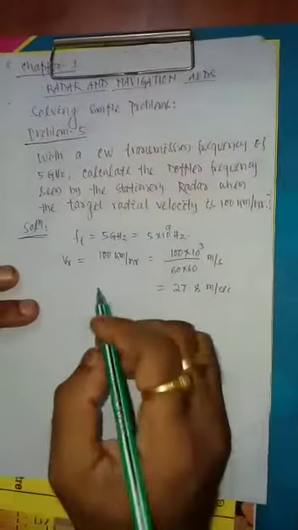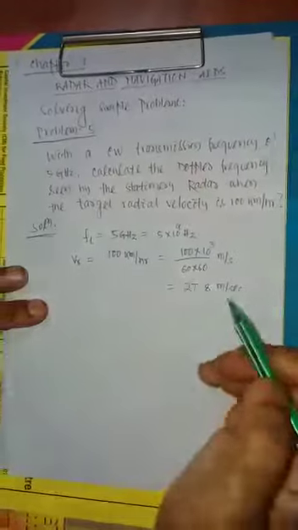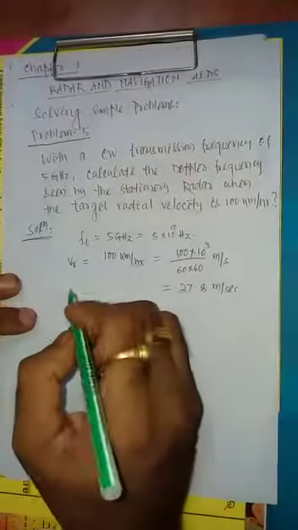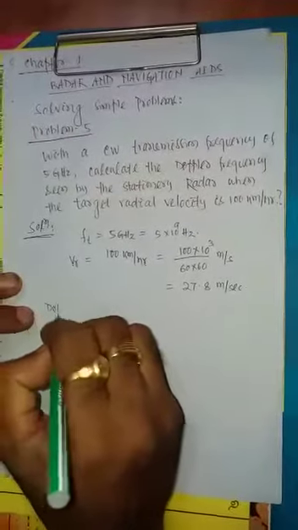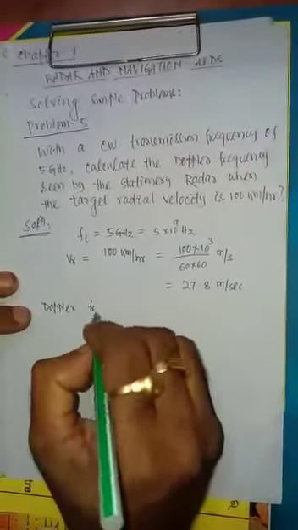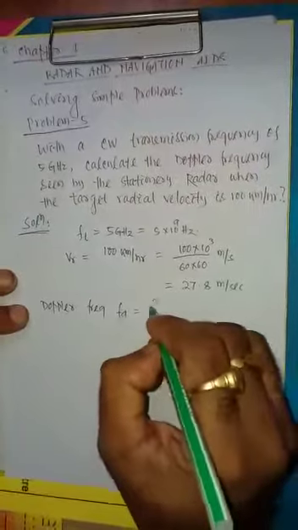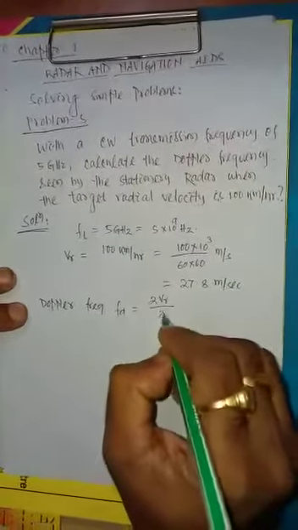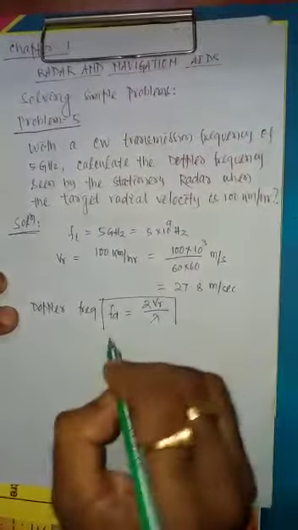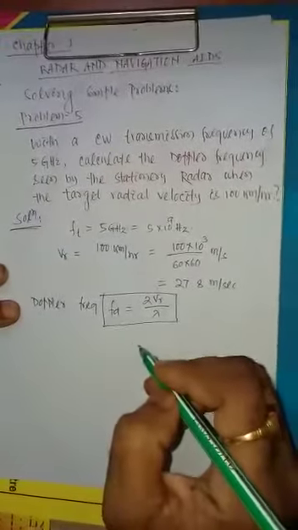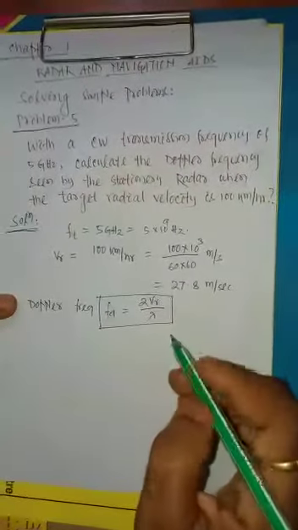To find the Doppler frequency, we will use the formula Doppler frequency FD equal to 2VR divided by lambda, where VR is the radial velocity.